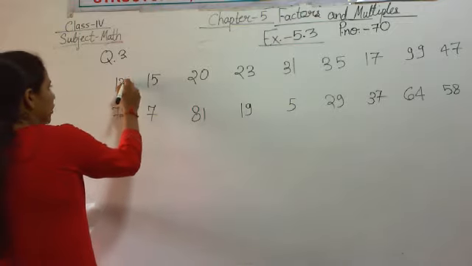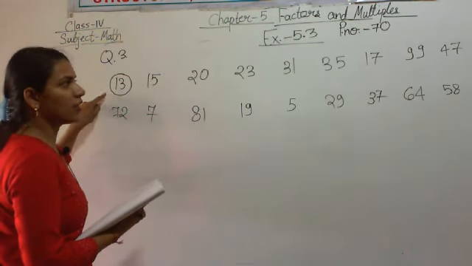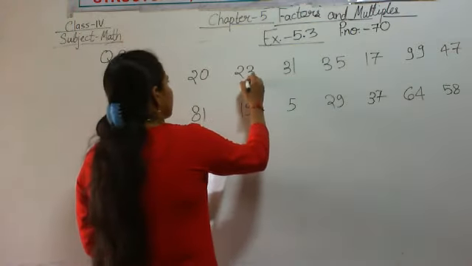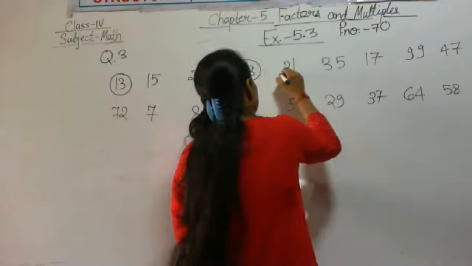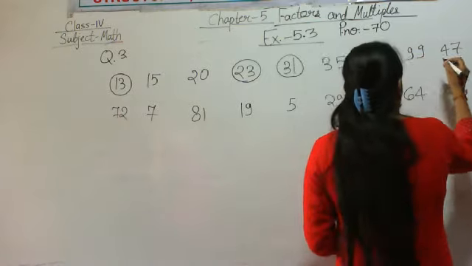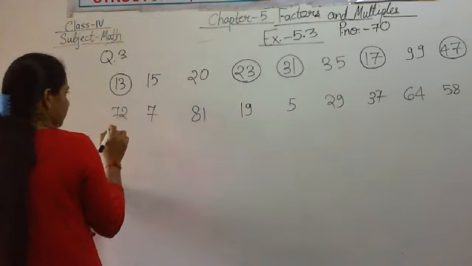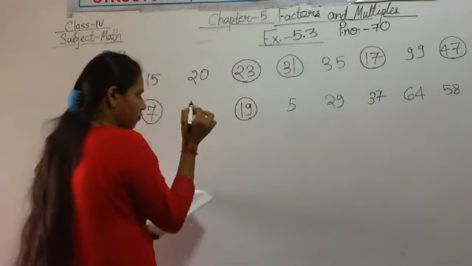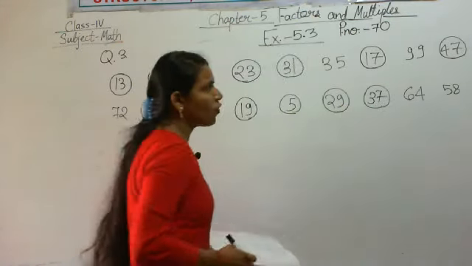As number 13 has only two factors, it is a prime number. According to the question, we need to circle the prime numbers. 13 is a prime number, so circle it. 23 is a prime number, so circle it. 31 is a prime number, so circle it. 17 is a prime number, circle it. 47 is a prime number, circle it. 7 is a prime number, circle it. 19 is also a prime number. 5 is also a prime number. 29 is a prime number and 37 is also a prime number.